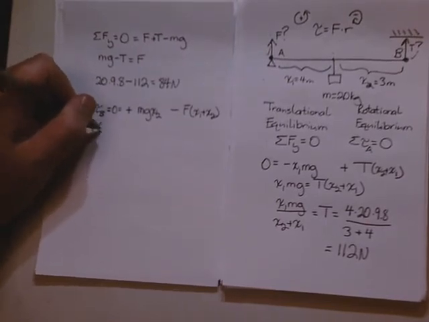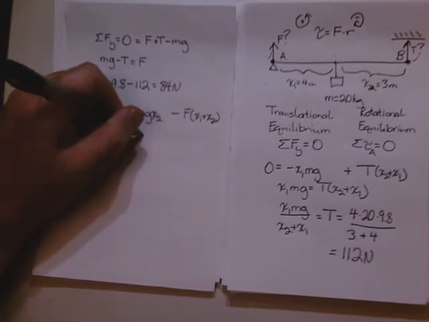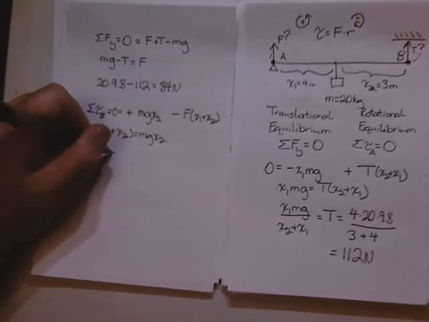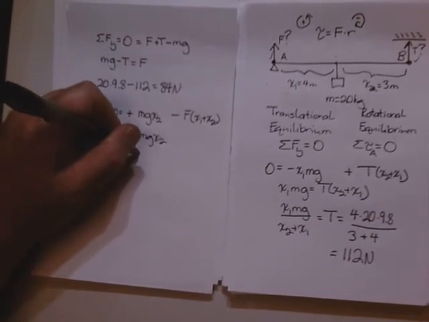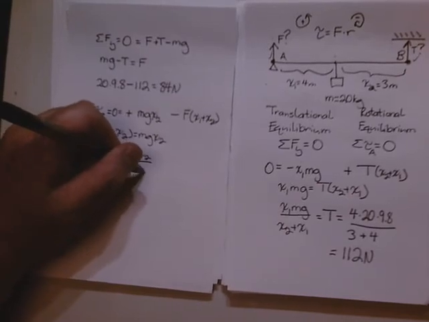So F times (x1 plus x2) is equal to mg x2, and F is equal to mg x2 over (x1 plus x2).